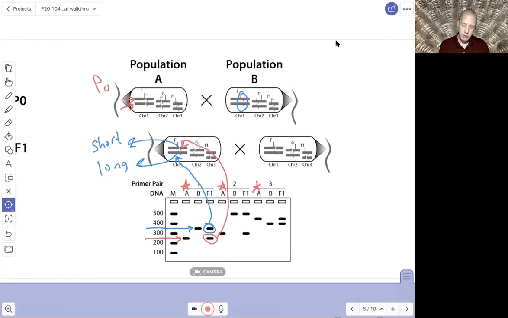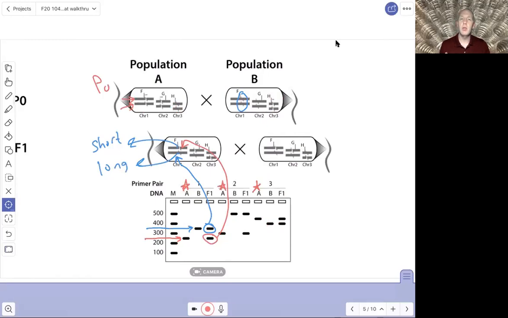And so we can also see heterozygosity for primer pair 2. There's a larger band in population B, there's the smaller band in population A. And then for primer pair 3 on chromosome 3, the F1 is heterozygous as usual, the smaller deletion-bearing product in population B, so here, and then the larger allele in population A, shown there.